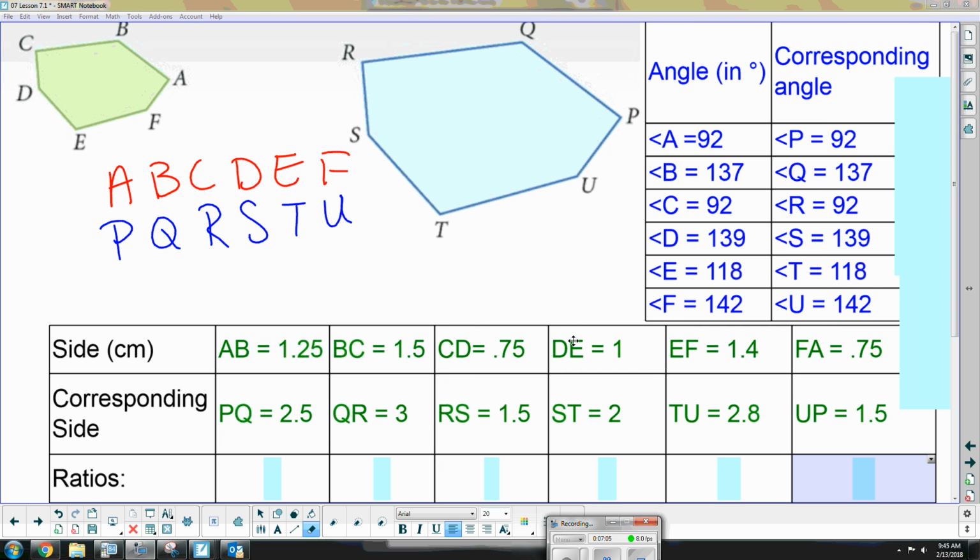Now, anytime that you're using a protractor or a ruler and you're making estimates and everything isn't perfectly degrees of 5 or centimeters of 1 or 1/2, you're going to have a little bit of variance, and that's okay.